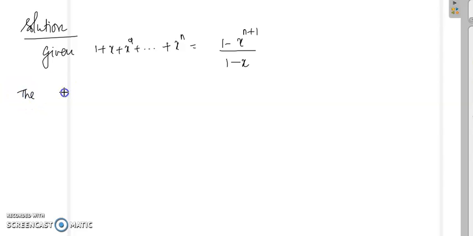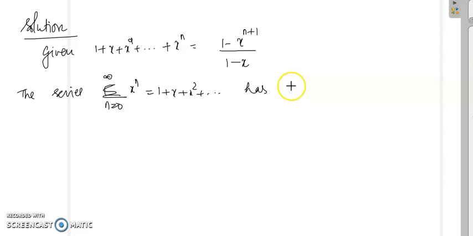Now the series summation n equal to 0 to infinity x raised to n, so that is 1 plus x plus x square plus etc. has Sn equal to 1 plus x plus x square plus etc. x raised to n minus 1.